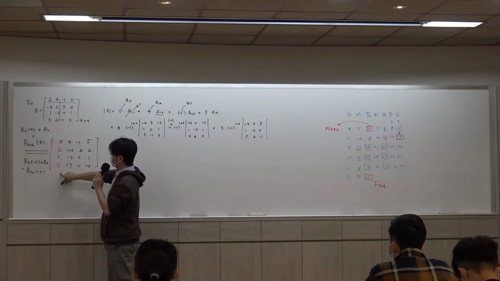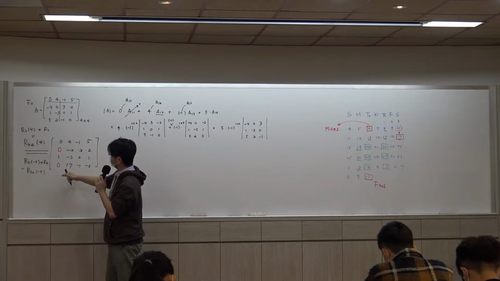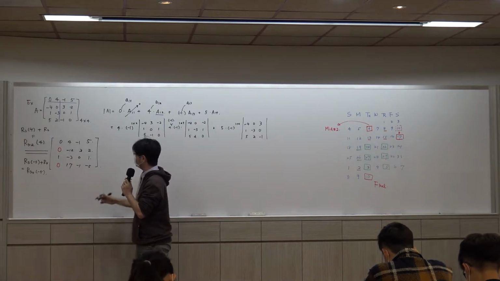So we can use an operation to create more zero terms.